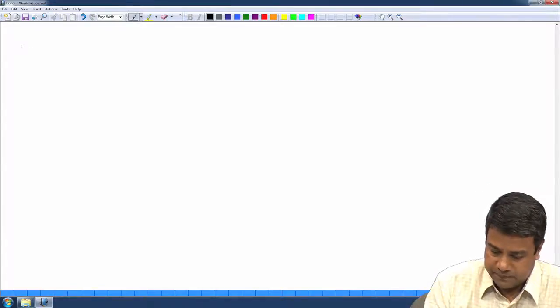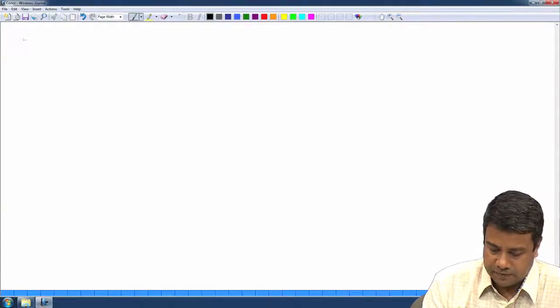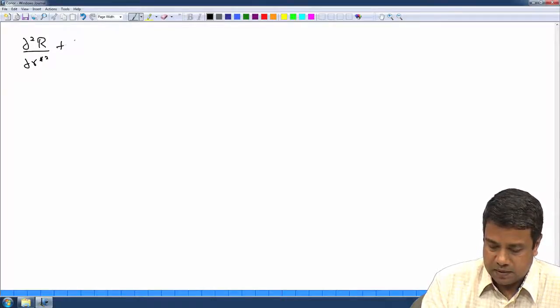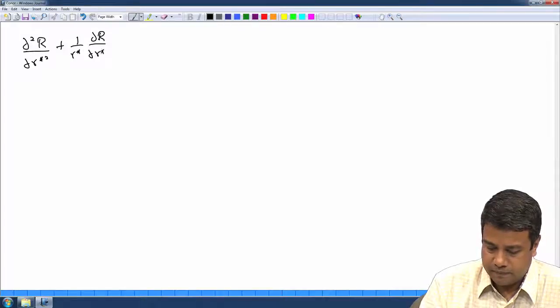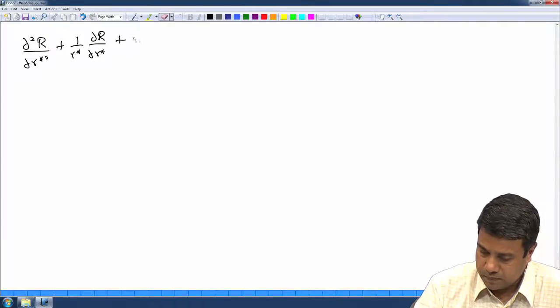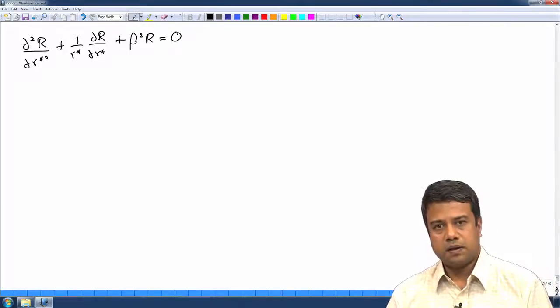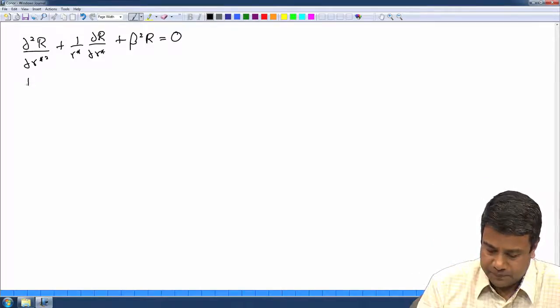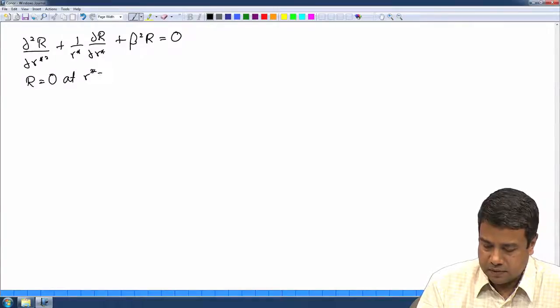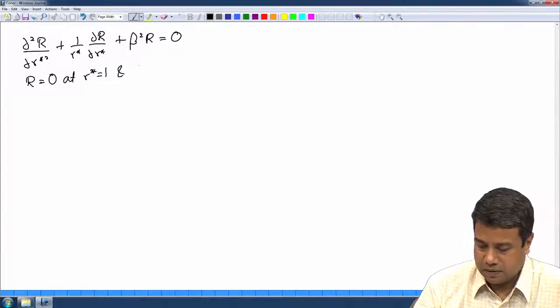So, let me write it again. The equation becomes of the form d square r by d r star square plus 1 over r star, subject to the boundary conditions r is equal to 0 at r star is equal to 1.